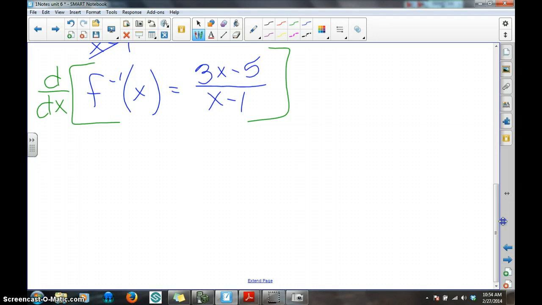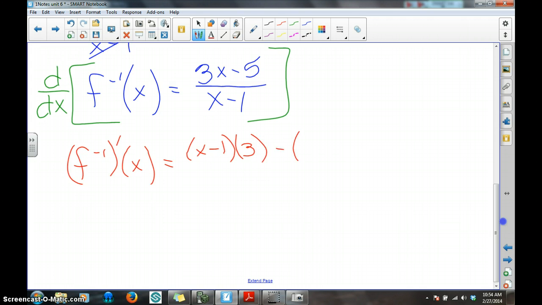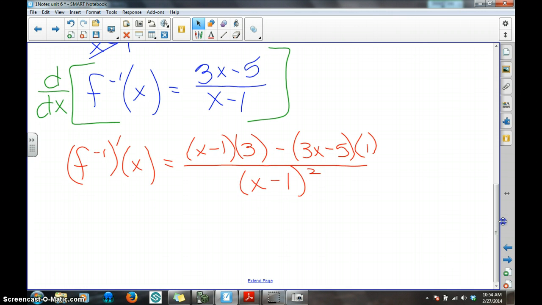So the derivative of this thing, or f inverse prime of x, will become low d high minus high d low all over low squared. Still good? Now, since what I derived was legitimately an inverse, the 2 is what I'm going to plug in.